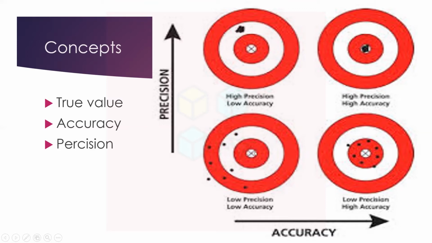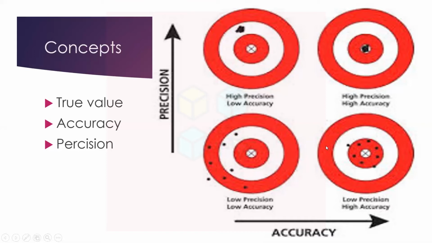Our target is the central value. The true value, the exact value, is in the center. The difference between the calculated values from the sample and the true value is more. Therefore, there is less accuracy. And all these measures are far away from each other. Therefore, there is less precision. Both accuracy and precision are low in this figure.